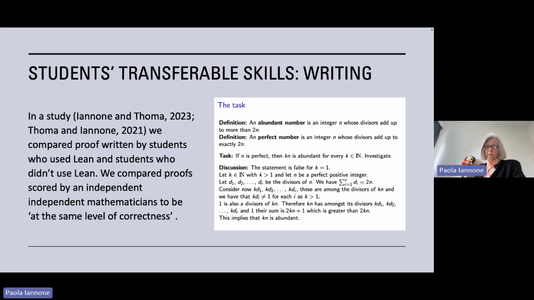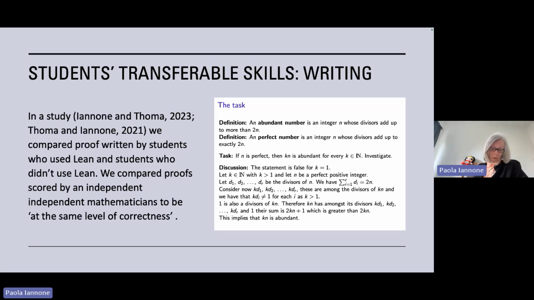The reason why we did this is that we wanted to see whether we observe some skill that may have been acquired during using Lean in class or outside class, whether we could see some transfer in the writing of the students.